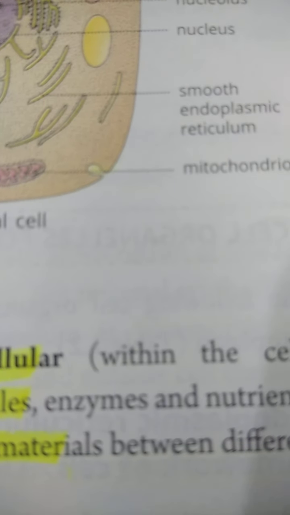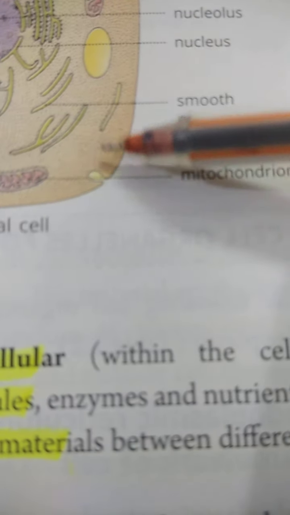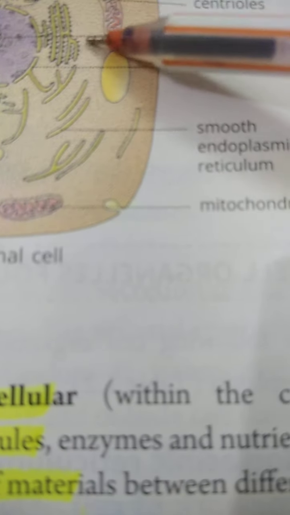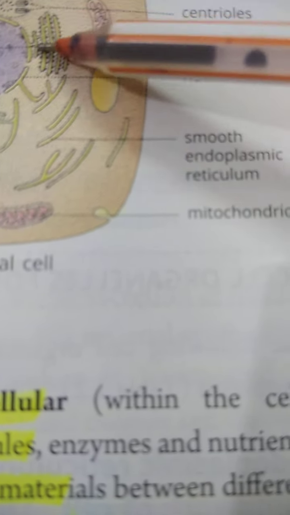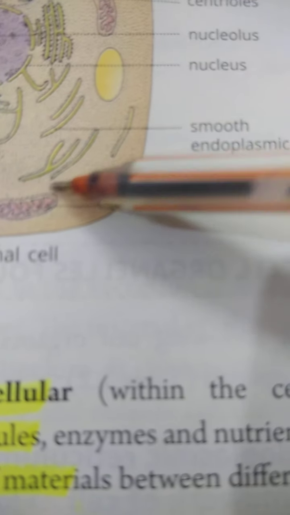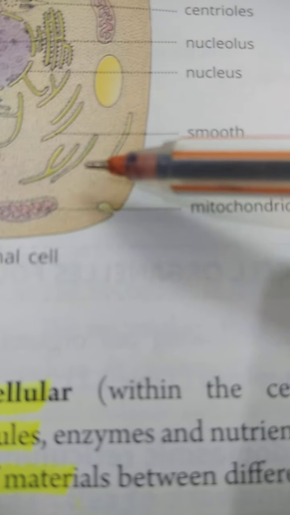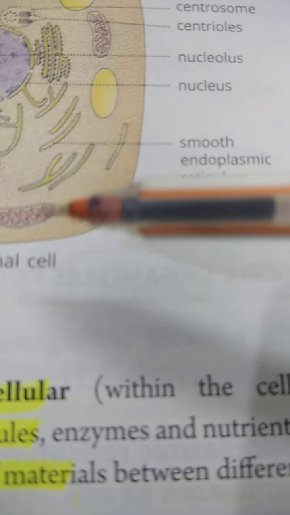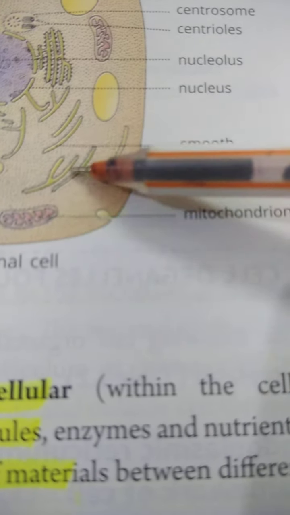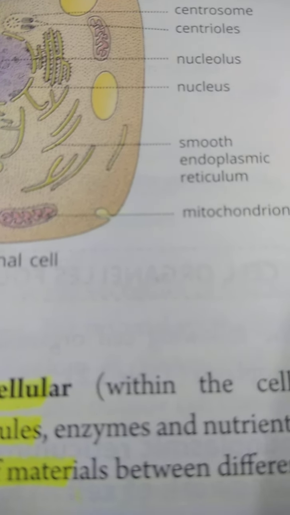Like here in this picture, smooth endoplasmic reticulum is there, where ribosomes are not attached. But here, ribosomes are attached on the outer surface, so it is rough endoplasmic reticulum. The endoplasmic reticulum which does not bear ribosomes is known as smooth endoplasmic reticulum.